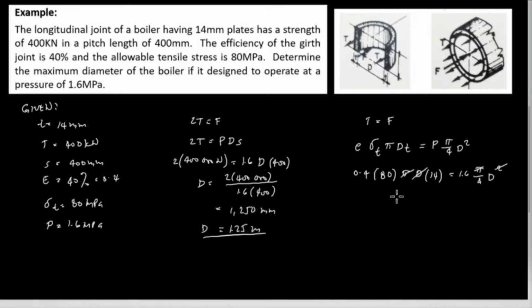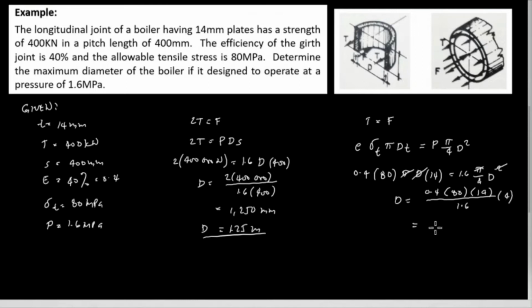What is the diameter? So 0.4 times 80 times 14 divided by 1.6 and multiplied by 4.